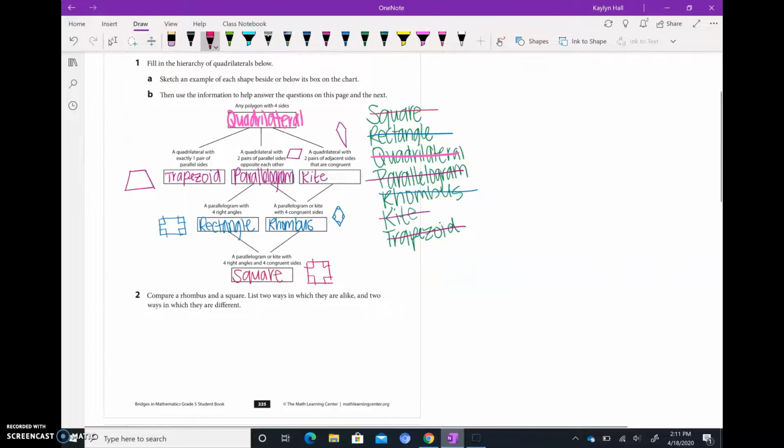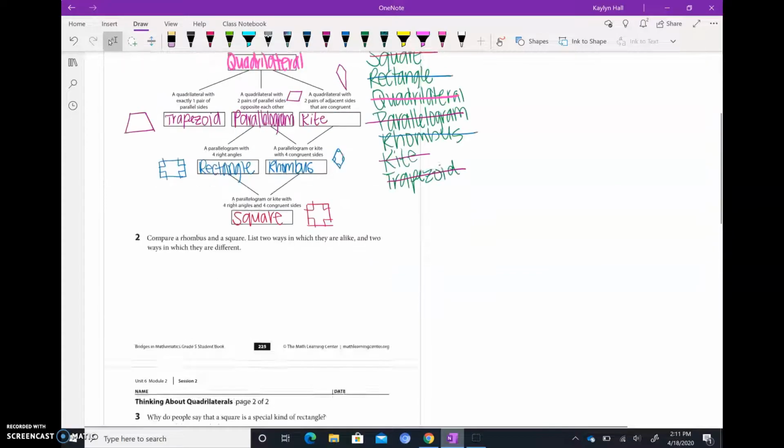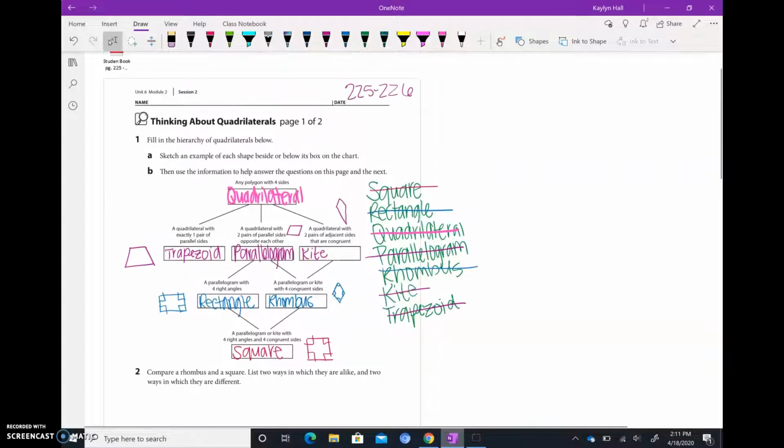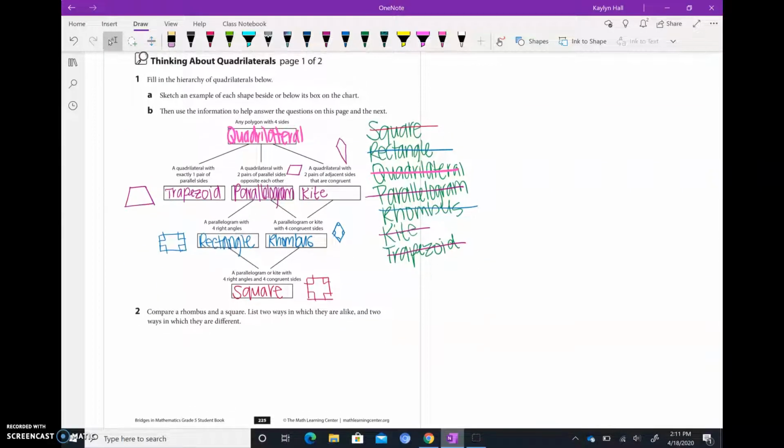Okay, please use this chart to answer all of the questions on 225 and 226, and please use this for your IXL. It's going to be super helpful just to see the relationships that a square is a parallelogram, a kite, a rectangle, a rhombus. It's all of those things.